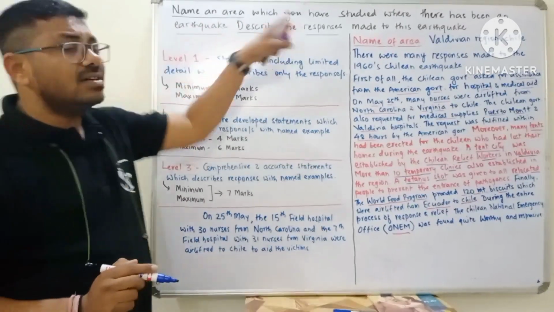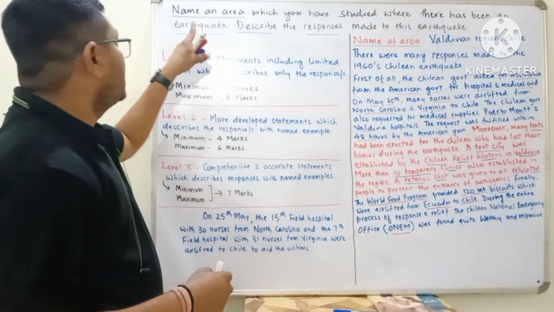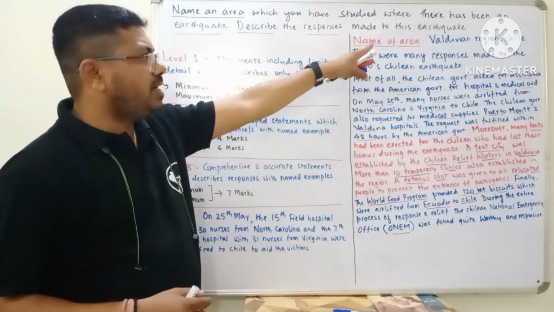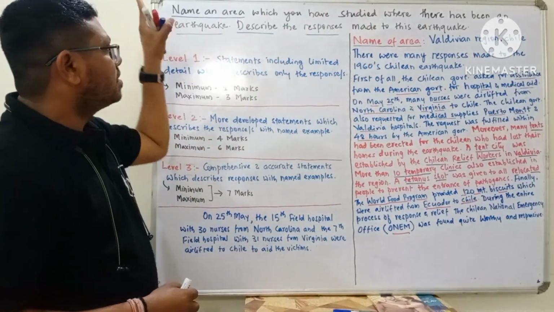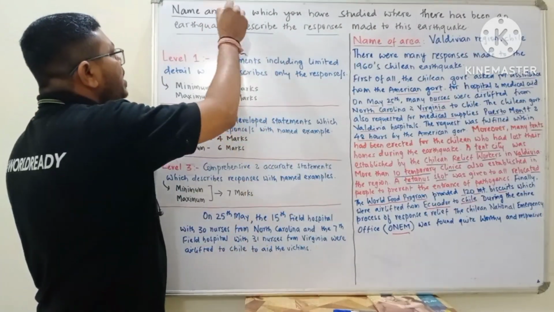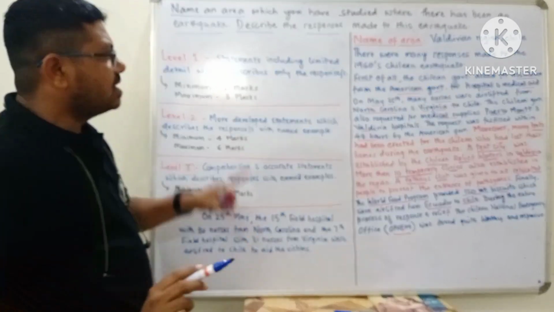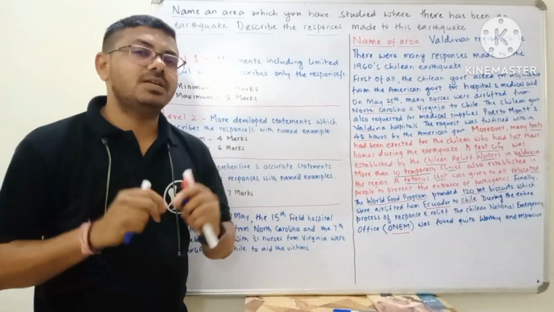So these are the key terms which I can find out from the question. Name an area which you have studied where there has been an earthquake. Describe the responses made to this earthquake. So: name an area, earthquake, describe the responses. These are the key terms given in the question.